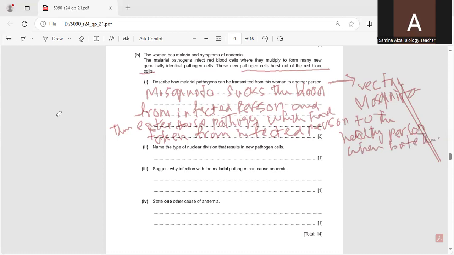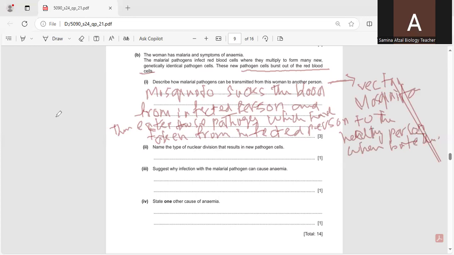It means, first of all, they get the plasmodium, the pathogens which are the cause of malaria. They suck the blood of the infected persons, and then they have those plasmodium in them. And when they bite healthy persons, they transfer those pathogens to those healthy persons. In this way, they are helpful in the transfer of these pathogens from one patient to another healthy person.